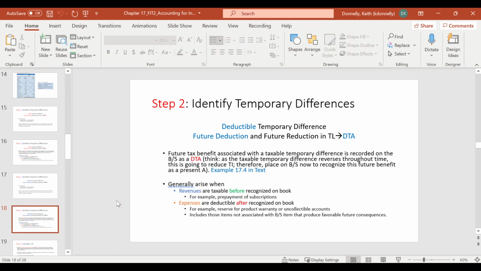So basically, revenues that are taxable before they're recognized on the books. So if you have prepayments, taxable now, in the future you get to exclude it from your income on your tax return, even though in the future you may report it as income on your books. That whole concept of future benefit is going to be the deferred tax asset.